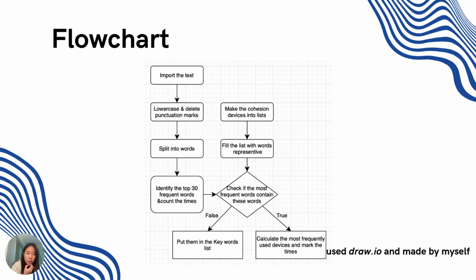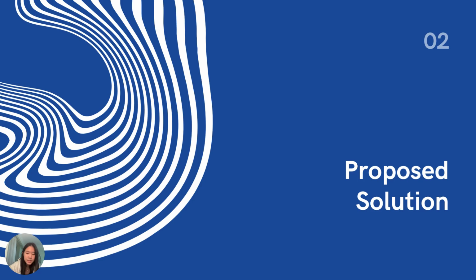I also drew a flowchart to show the whole process. You can see in the flowchart that the steps are very clear and I know exactly what I'm going to do. Now let's dive into the proposed solutions.